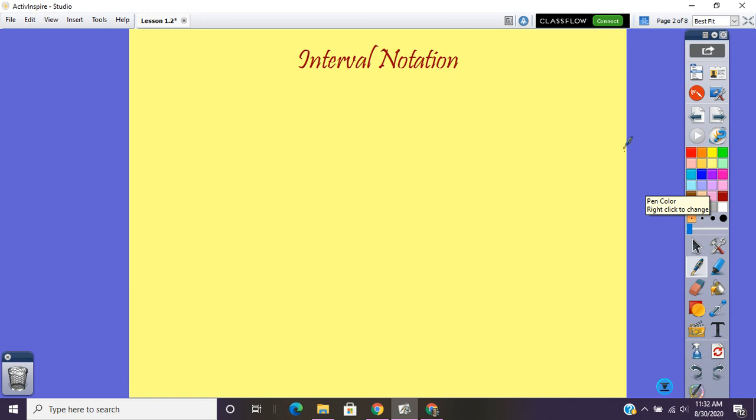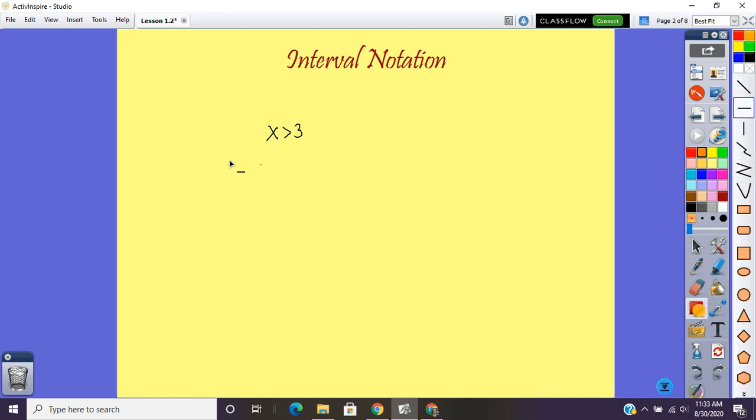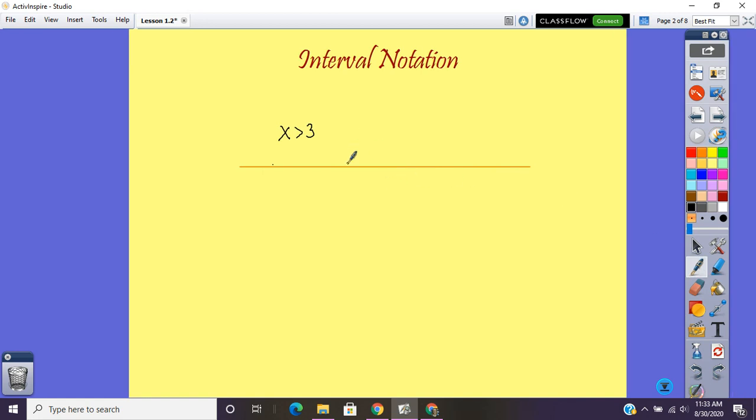So what exactly is interval notation? Well, let's talk about just a general inequality. So we're going to have x is greater than 3. If we were to sketch a graph of this, so if we mark our 0 here, 3 would be somewhere to the right of this.